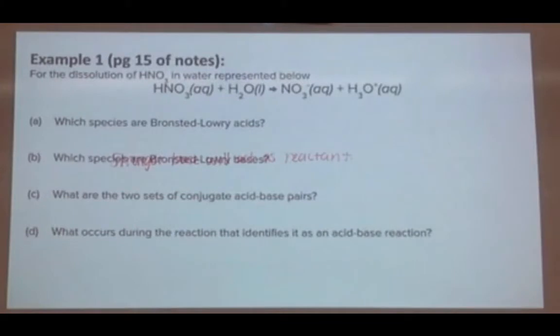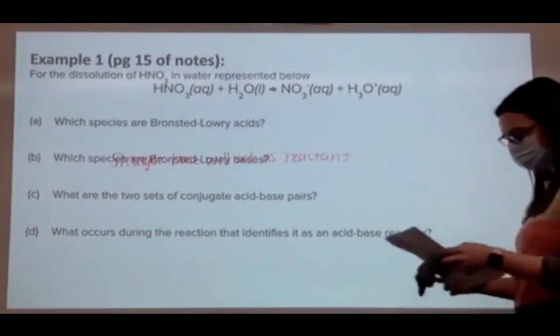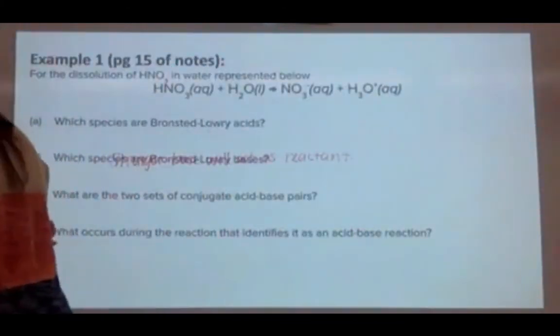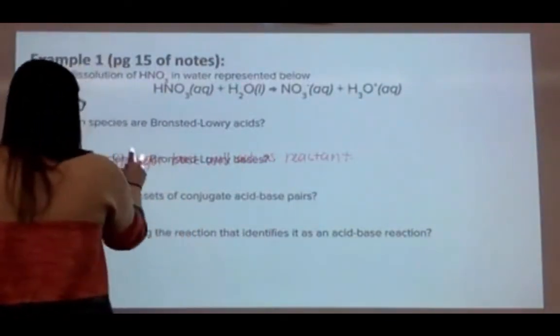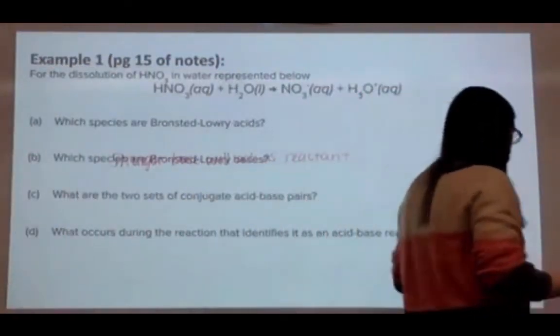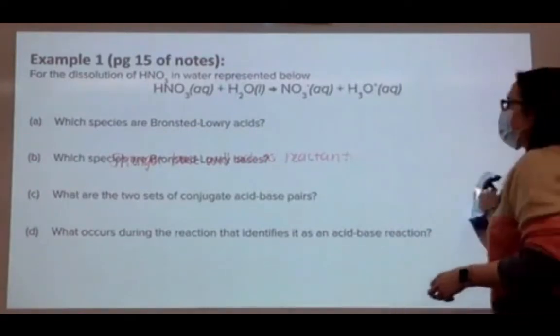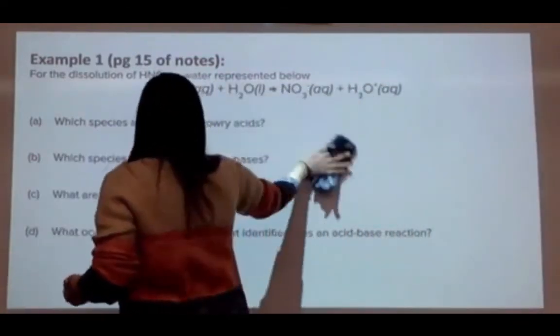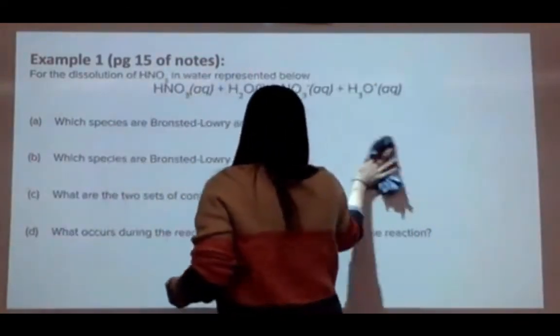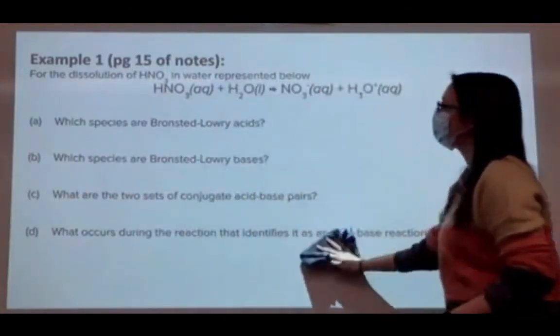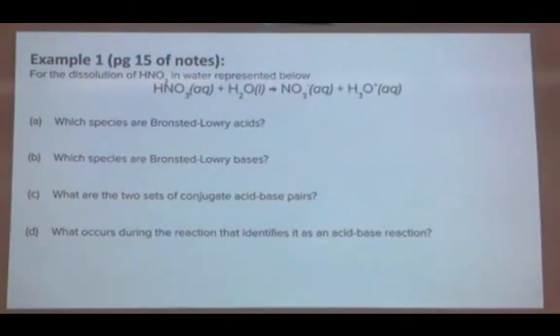So let's look at example 1. Example 1 starts on page 15 of the notes. With example 1, for the dissolution of HNO3 in water, the dissolution means that HNO3 is breaking apart.